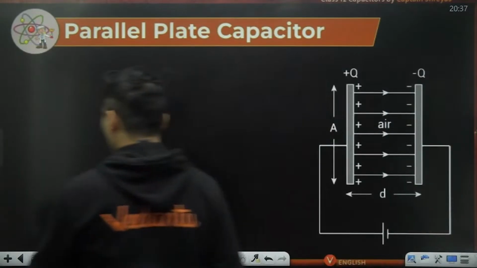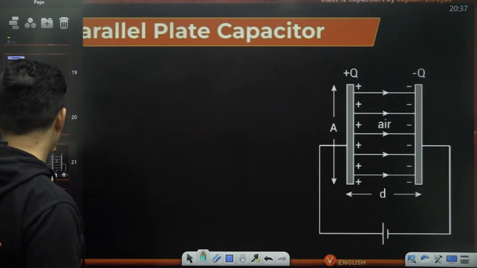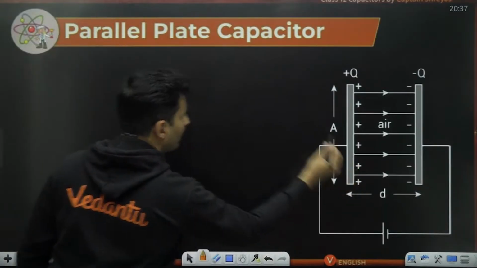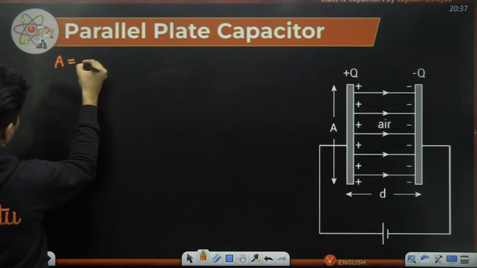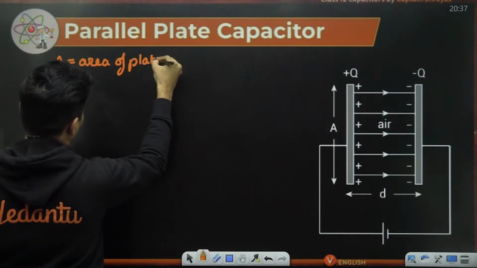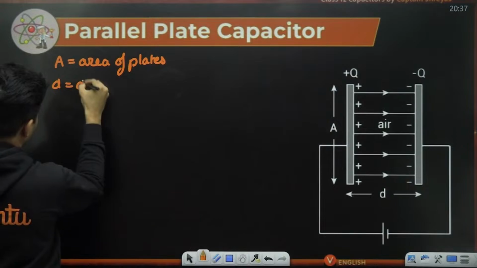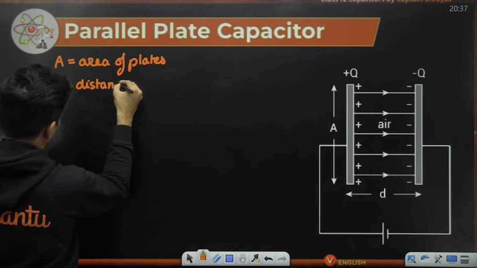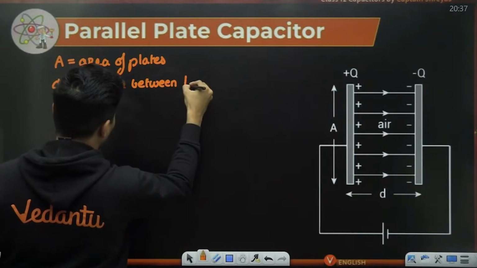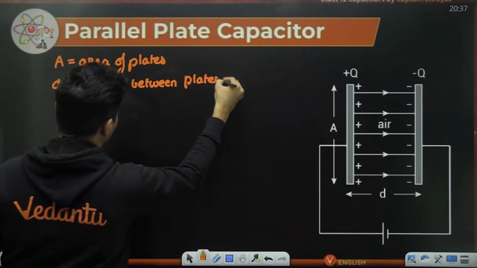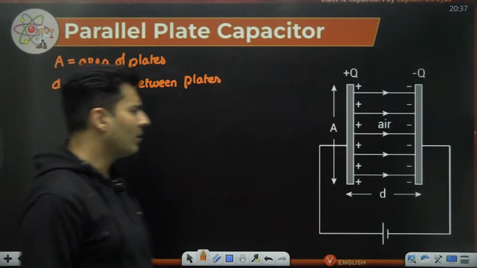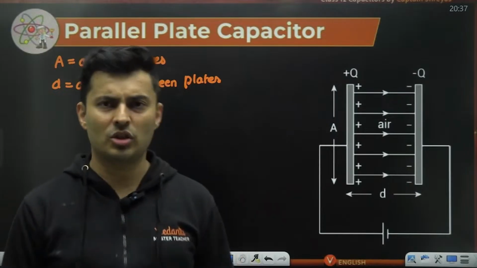So let us start putting things down over here. Parallel plate capacitor: A is the area of the plates, d is the distance between the plates, and Q is the charge, and we want to figure out what kind of capacitance this will store.